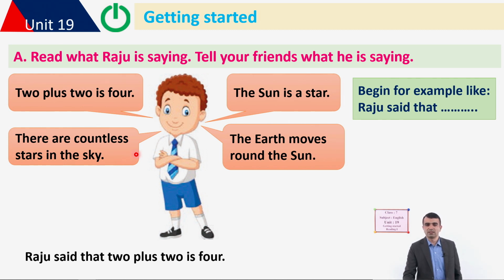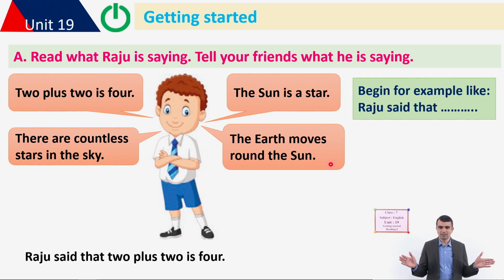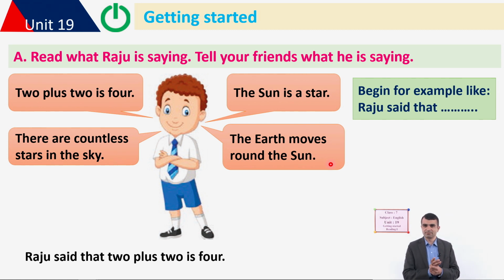Now next. The sun is a star. How do you report? Raju said that the sun is a star. Very easy, isn't it? Now, last one. The earth moves around the sun. Raju said that the earth moves around the sun. That is the way you do. Very good. You did a very good job.